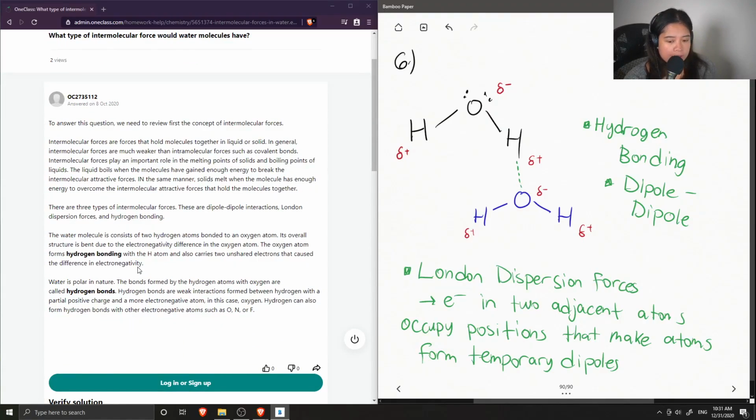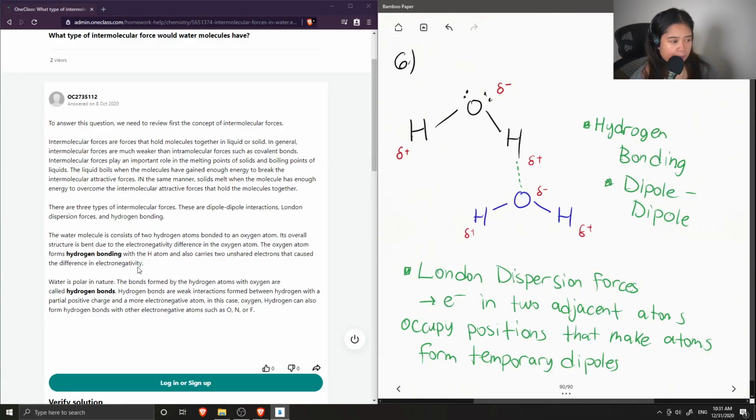So the junior tutor said that to answer this question, we need to review first the concept of intermolecular forces. Intermolecular forces are forces that hold molecules together in liquid or solid. In general, intermolecular forces are much weaker than intramolecular forces, such as covalent bonds. Intermolecular forces play an important role in the melting points of solids and boiling points of liquids.